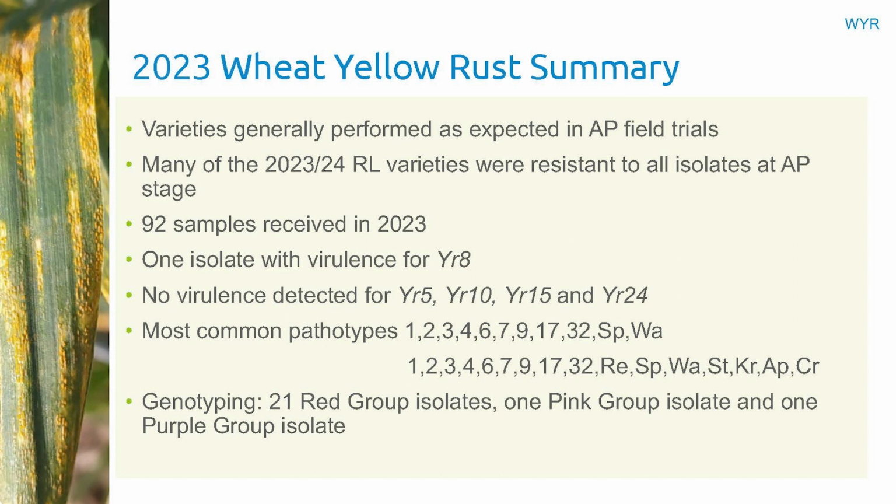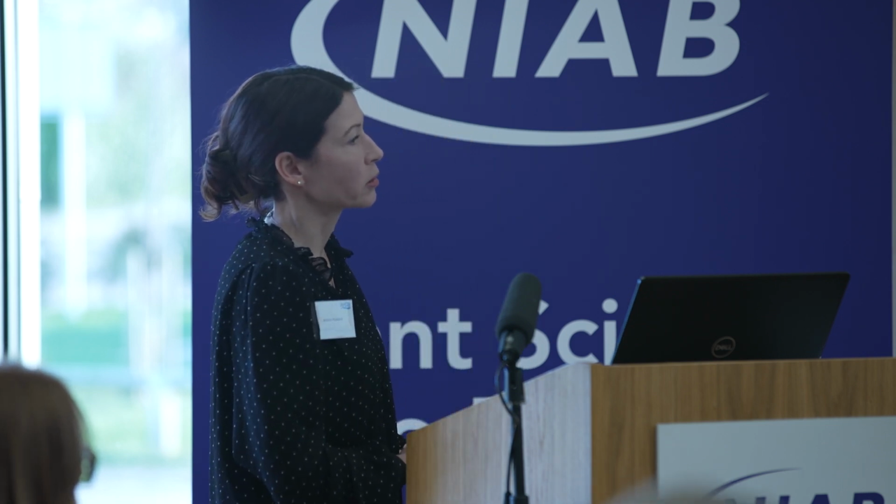We had 1 isolate with virulence for YR8. No virulence was detected for YR5, 10, 15 and 24. We had 2 common pathotypes. And for the genotyping, we had 21 red group isolates, 1 pink group isolate and 1 purple group isolate.